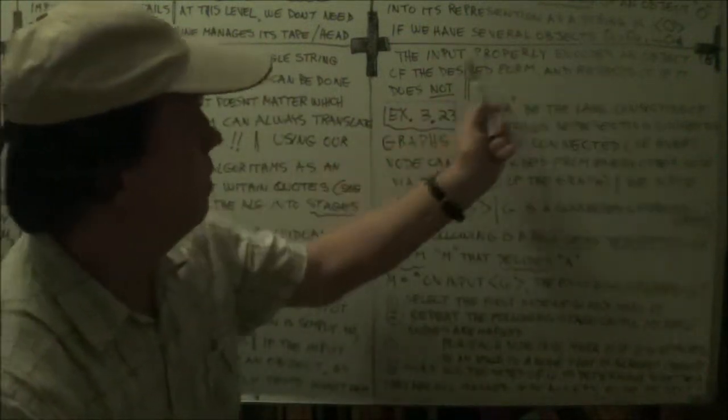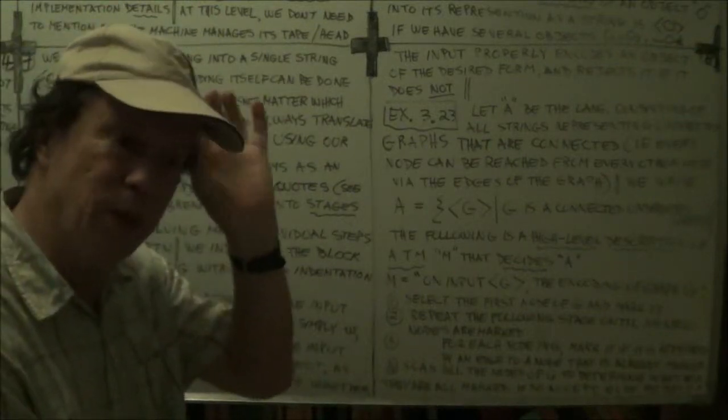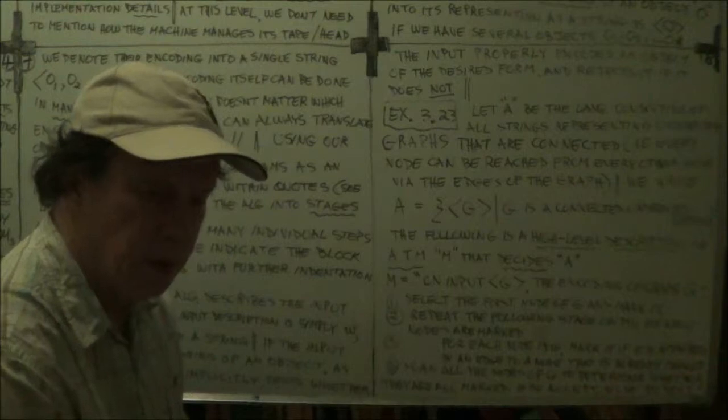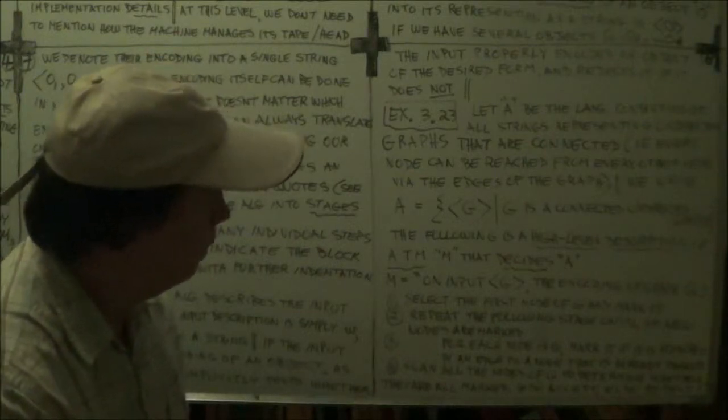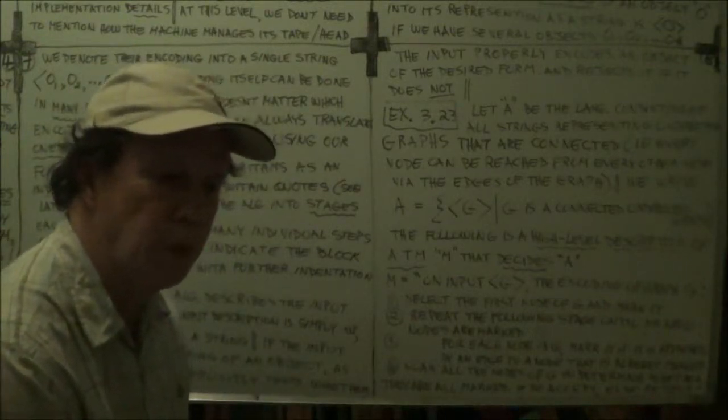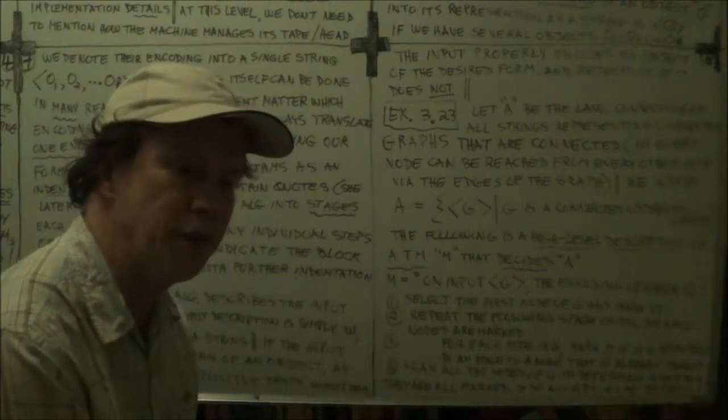So that's what I've been saying here. Now, let's do an actual example of a description of a Turing algorithm. We'll see an example, not on this board, but on the next board, of encoding or representation.